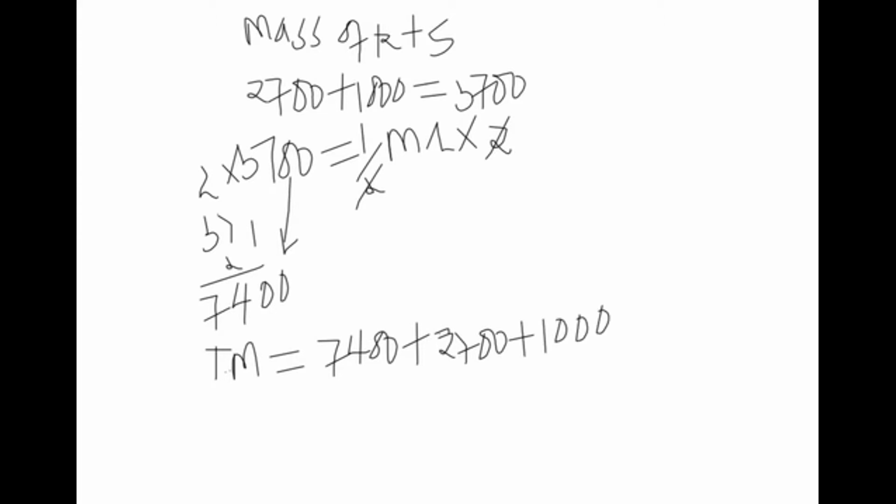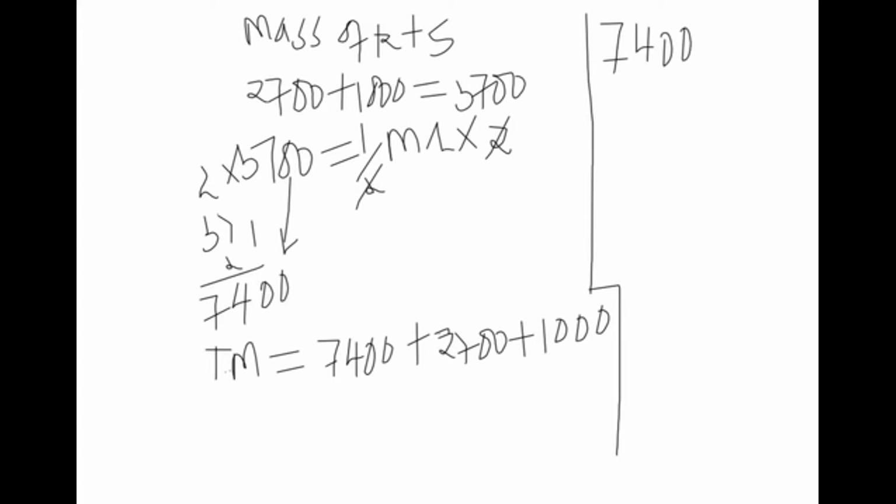So this is 7400. So we have 7400 plus 2700 plus 1000. So this is 0, 0.